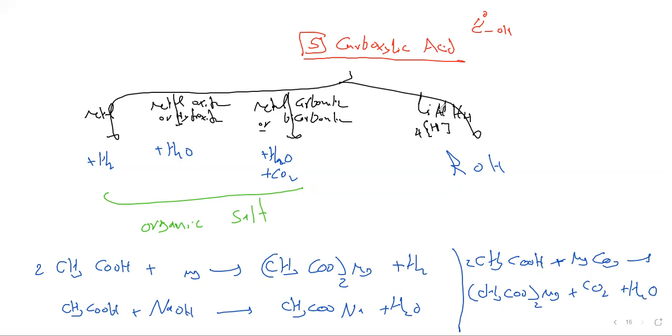And for the reduction, if you have CH3CH2OH, and then by reacting with LiAlH4, it means that we have reduction.